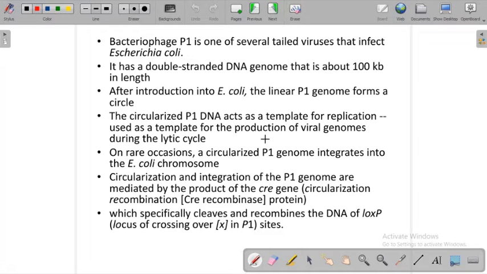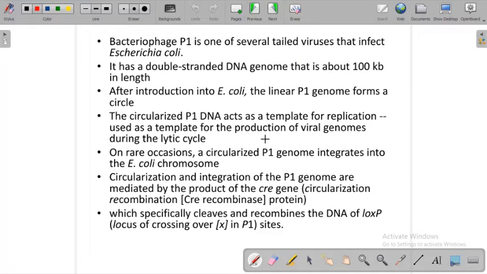The circularization and integration of the P1 genome are mediated through a specific gene product, and that gene is called the Cre gene. What is the long form of Cre? The long form is circularization recombination protein, or circularization recombination gene. So this protein is also called Cre recombinase.